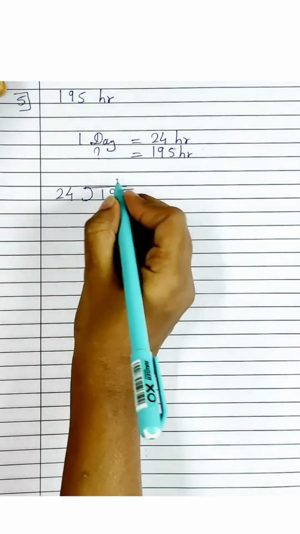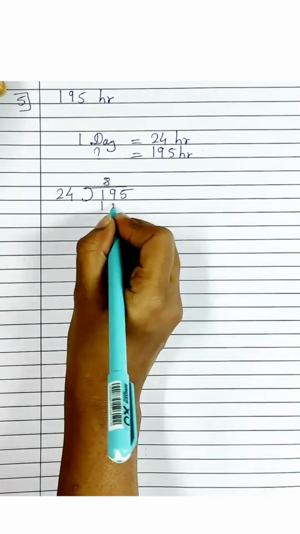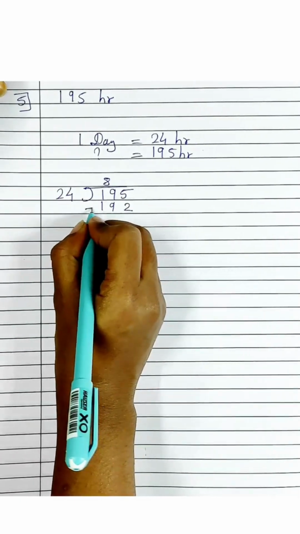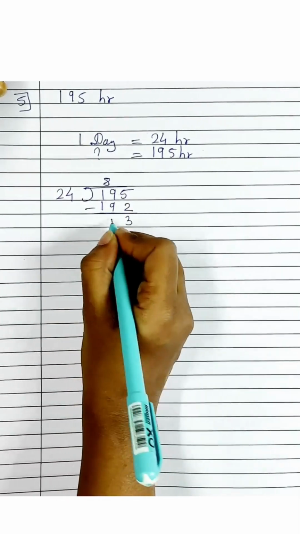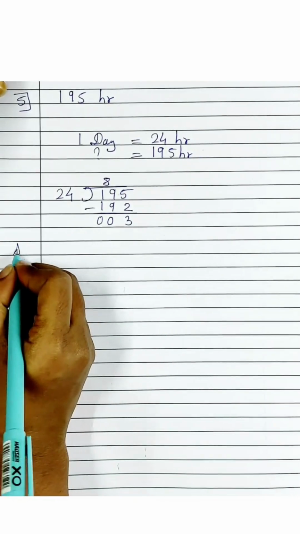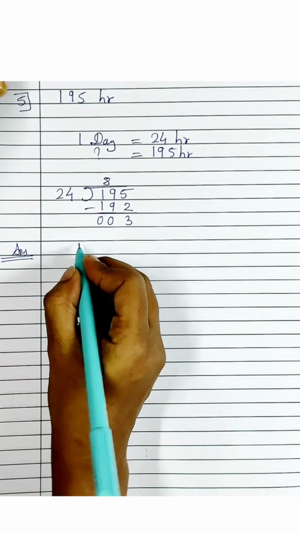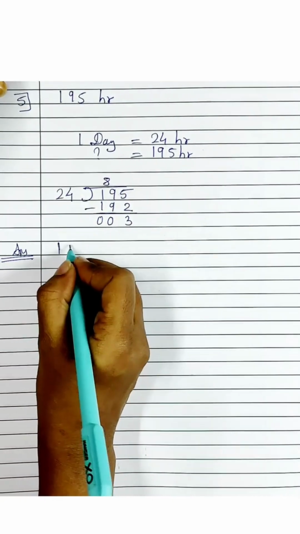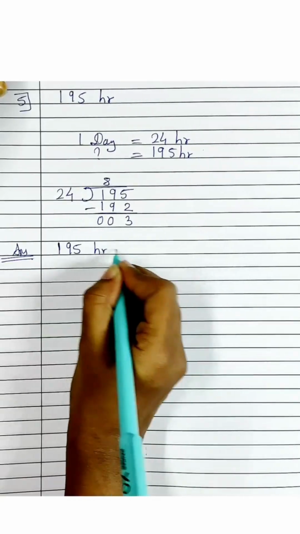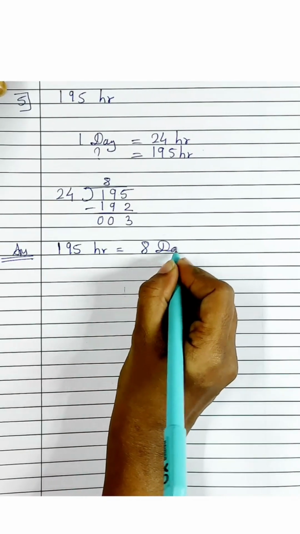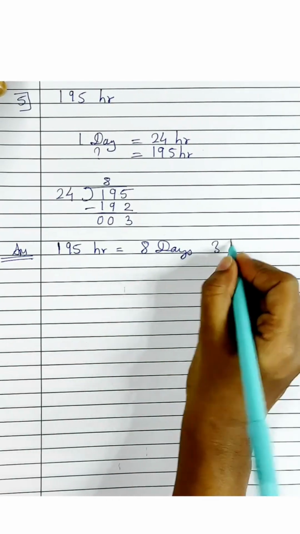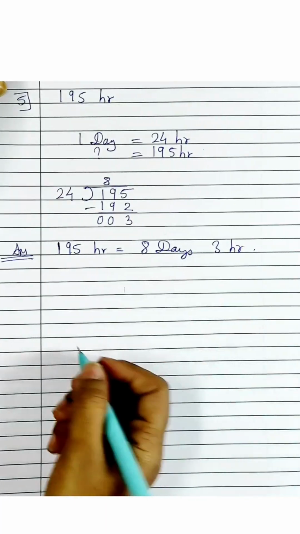So 24 8s are 192, which will give you remainder as 3. So in 195 hours there are 8 days and 3 hours.